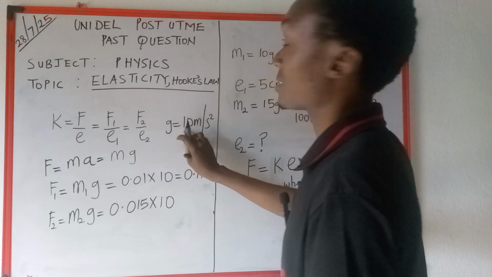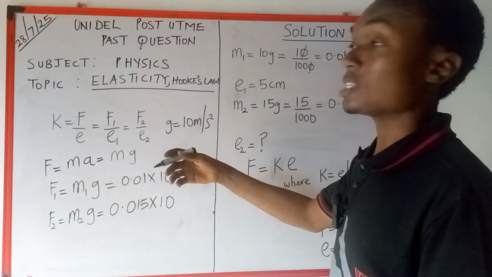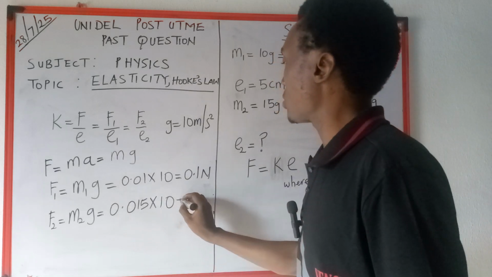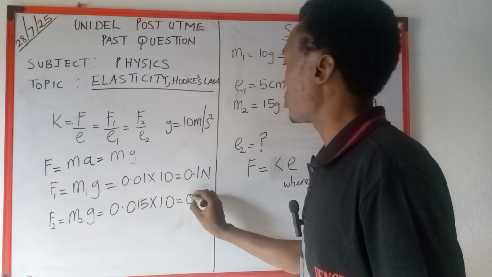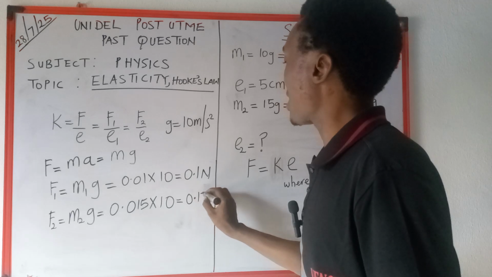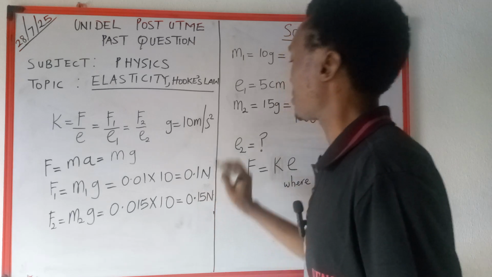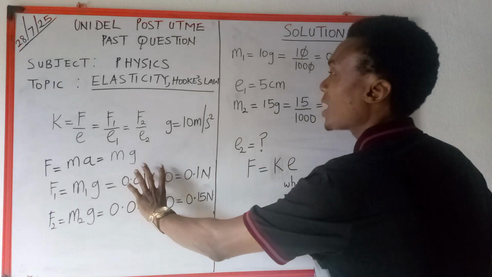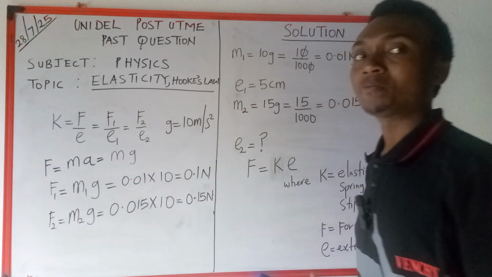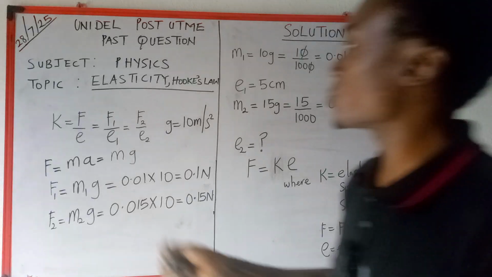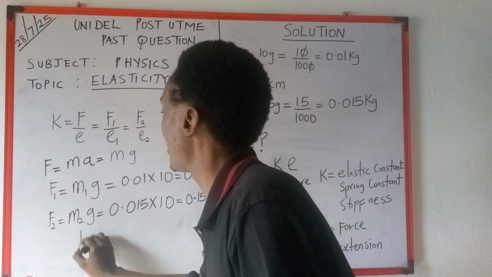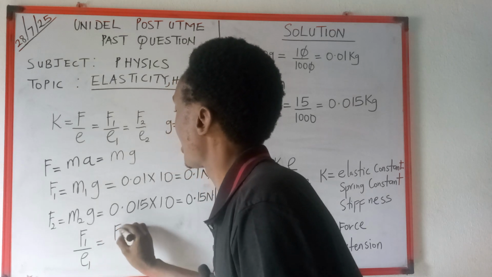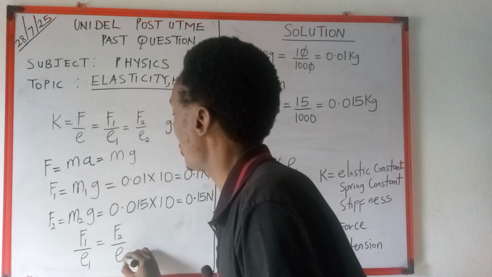It's always given as 10 or 9.8, but for now we're using 10. Once you multiply this, you're going to have 0.15 Newton. Now, after getting this, you go back and put it inside the formula: F1 over E1 equals F2 over E2.